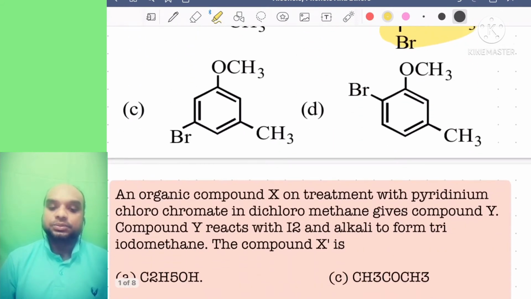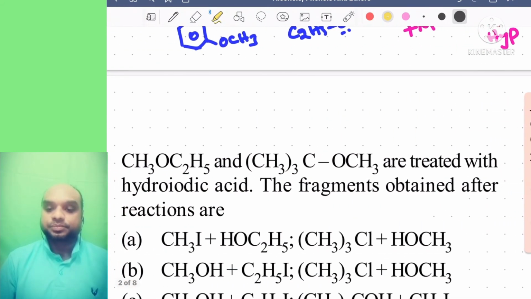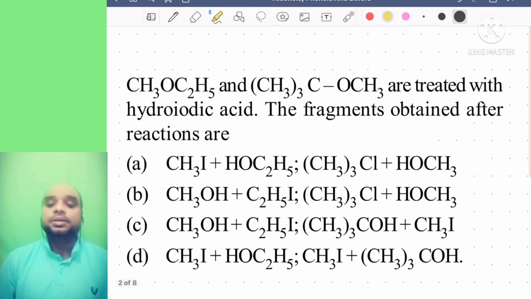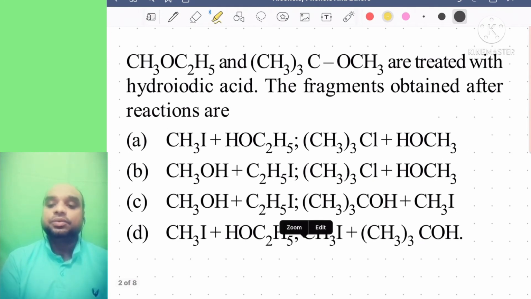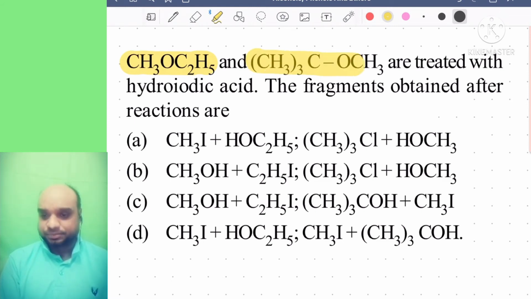Okay, next question. Methoxyethane and tertiary butyl methyl ether are treated with hydroiodic acid. The fragments obtained after the reactions are asked. Here, this model is very important.